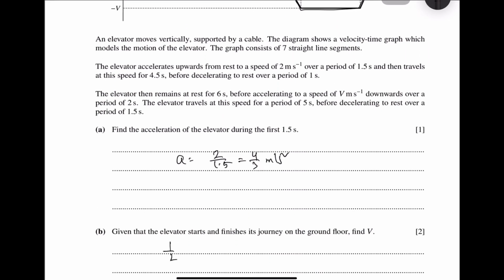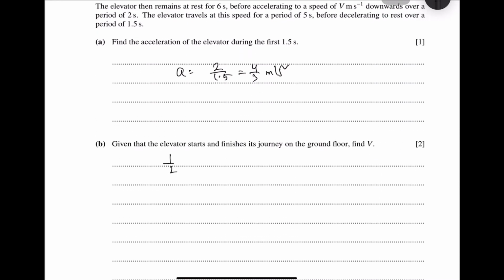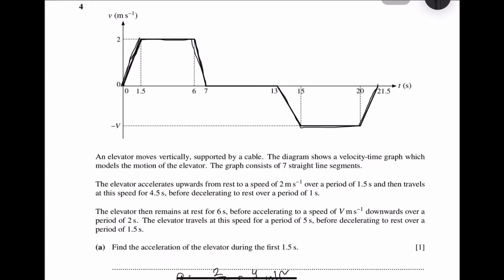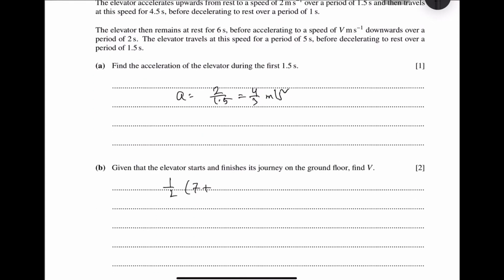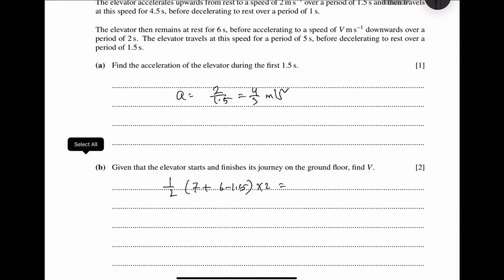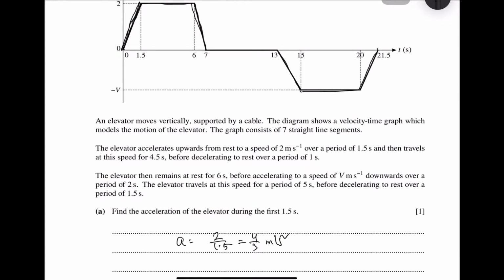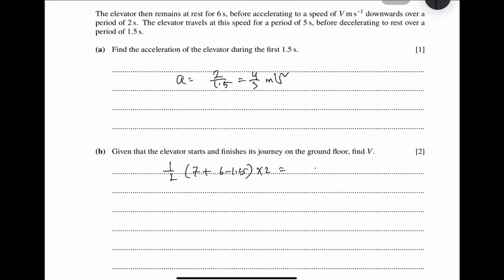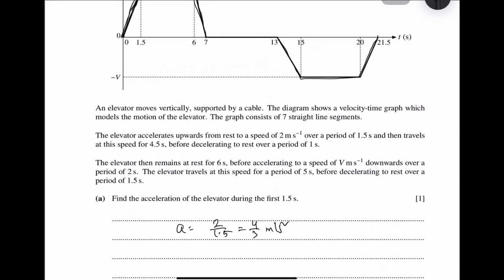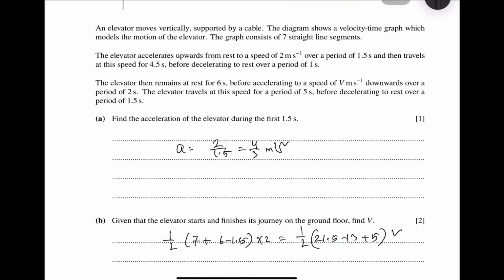So let us find half the area of the trapezium: half, (A plus B) into H. So 7 plus 6 minus 1.5, and the distance between the parallel lines, that is 2, equals, and there will be another one: the sum of parallel lines will be 21.5 minus 13, then 20 minus 15, that is 5, plus 5, then the distance between the parallel lines is V, then half, so the half cancels.